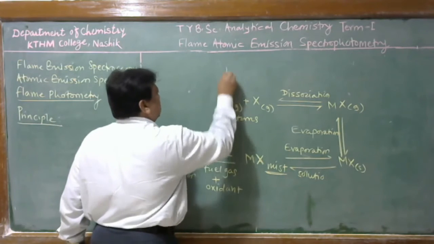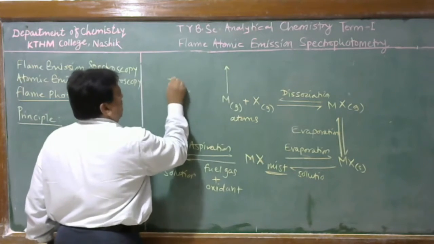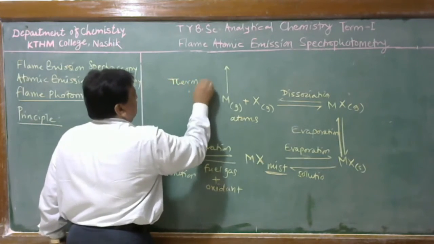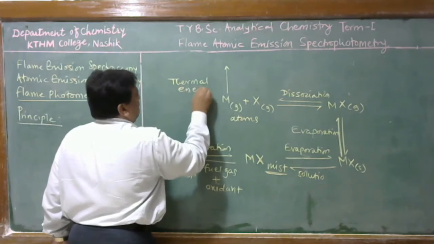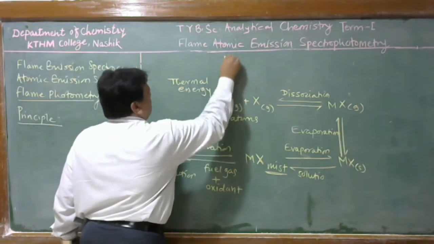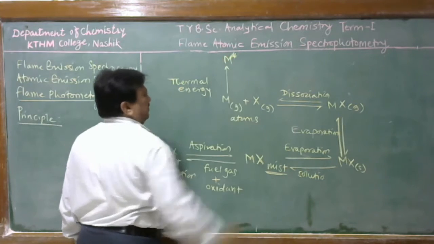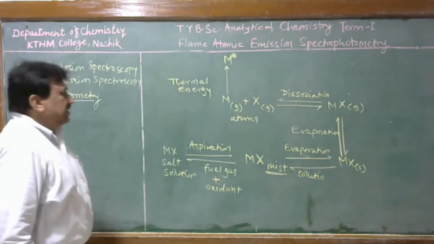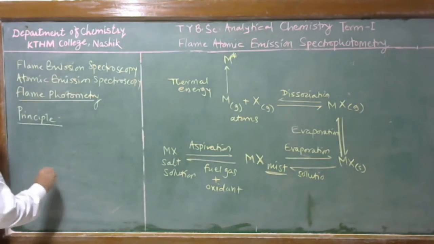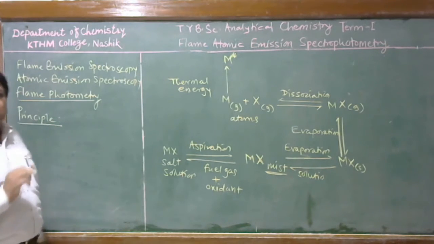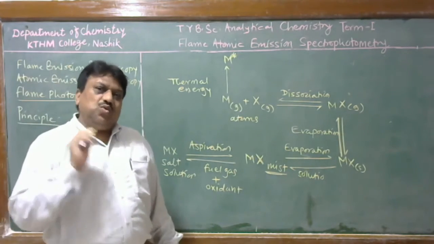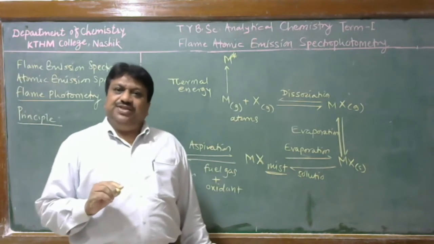Here, these gaseous atoms absorb thermal energy from the flame and go to the excited state. This means, suppose for example, there is a sodium atom. This sodium atom absorbs thermal energy.